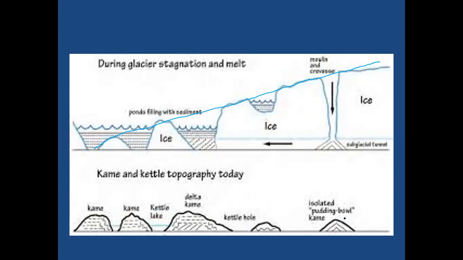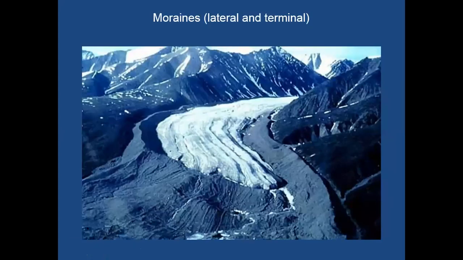Sometimes these can be quite large because maybe there was a big crack in the ice, and as water was flowing down here for quite a long time before the glacier melted, we can get a big pile of sediment. That big pile of sediment will be called a kame, which is basically just a hill. And then these little holes that alternate are called kettles. Sometimes you can get kettles or kettle lakes in regions where you have kames. And that's caused by the melting of a glacier.